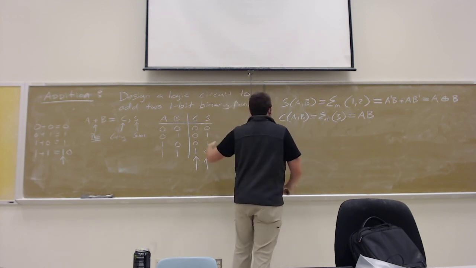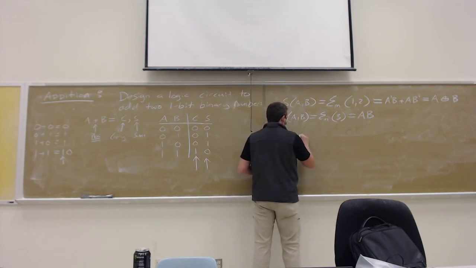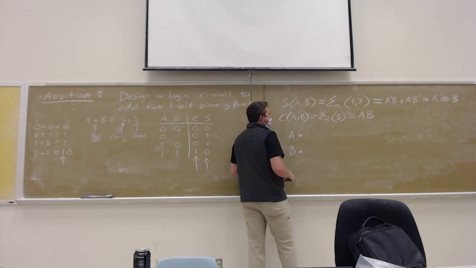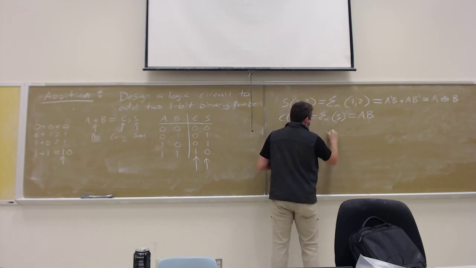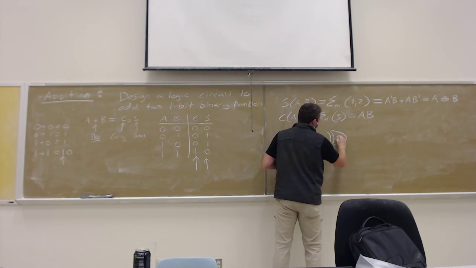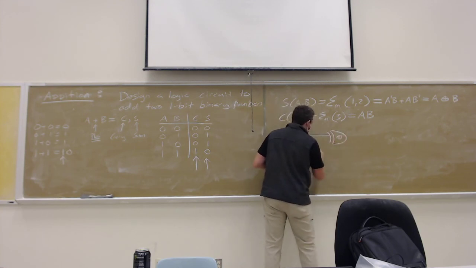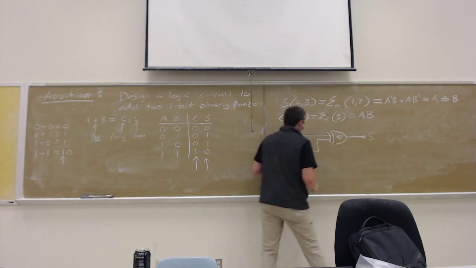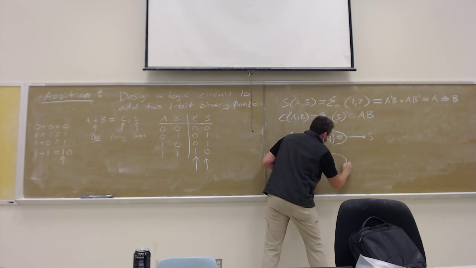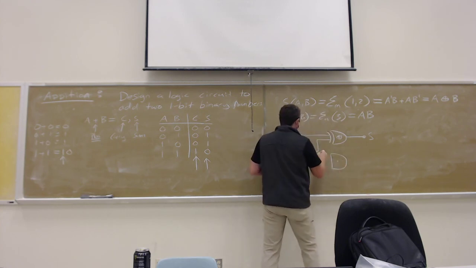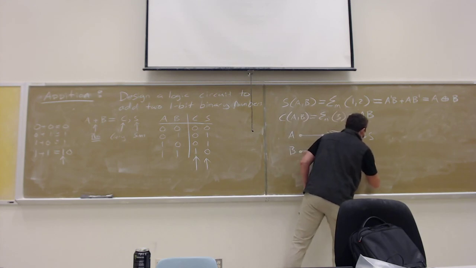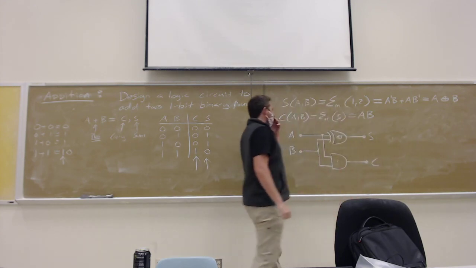Now the last thing to do is just go ahead and draw it. So we have an input A, we have an input B, the sum is going to be on the XOR gate, A and B gets us the sum, and then the carry comes off the AND gate, B and A, and that comes out and gets us the carry.